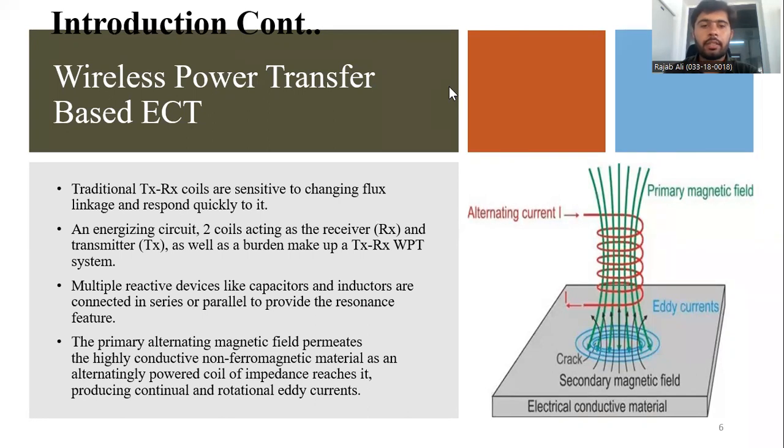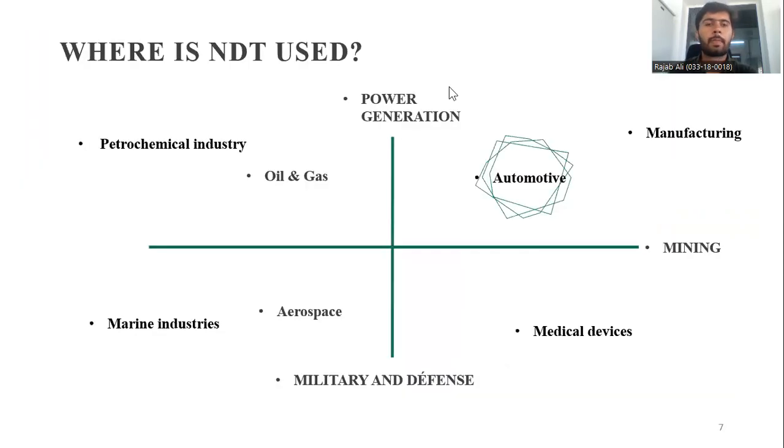Multiple components like capacitors and inductors, combined in series and parallel, make resonant circuits. The primary alternating magnetic field permeates the highly conductive non-ferromagnetic material, and the alternatingly powered coil of impedance produces continual and rotational eddy currents on our sheet.